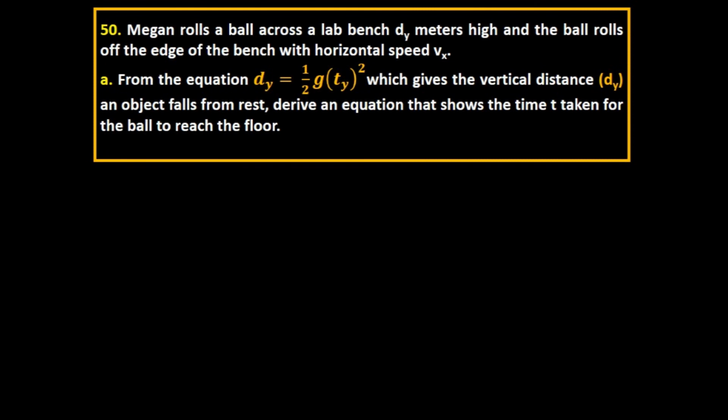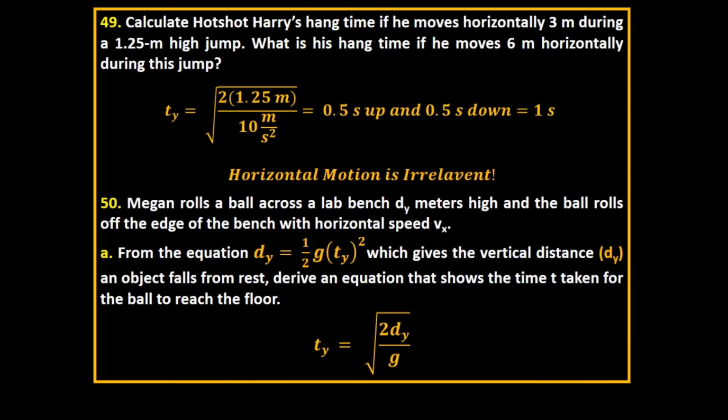Megan rolls a ball across a lab bench, dy meters high, and the ball rolls off the edge of the bench with horizontal speed vx. From the equation dy equals 1/2 g ty squared, which gives the vertical distance dy an object falls from rest, derive an equation that shows the time t taken for the ball to reach the ground.